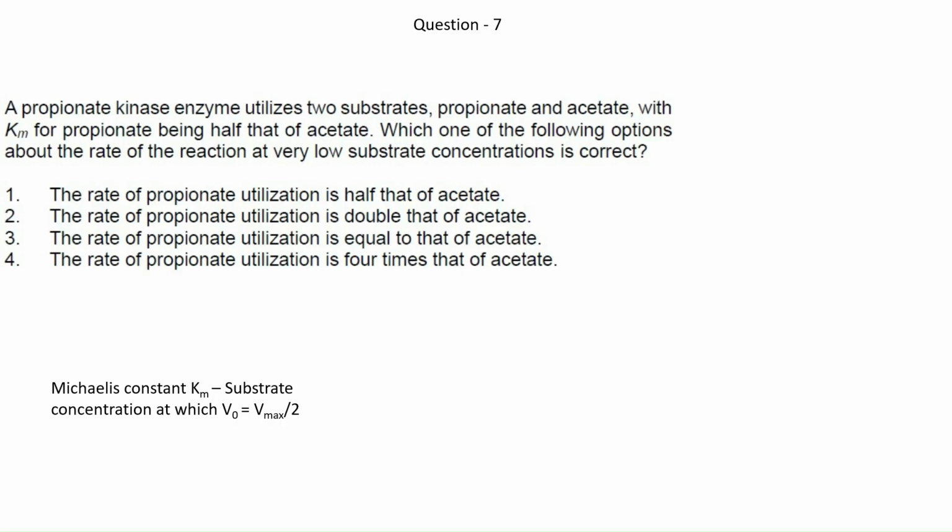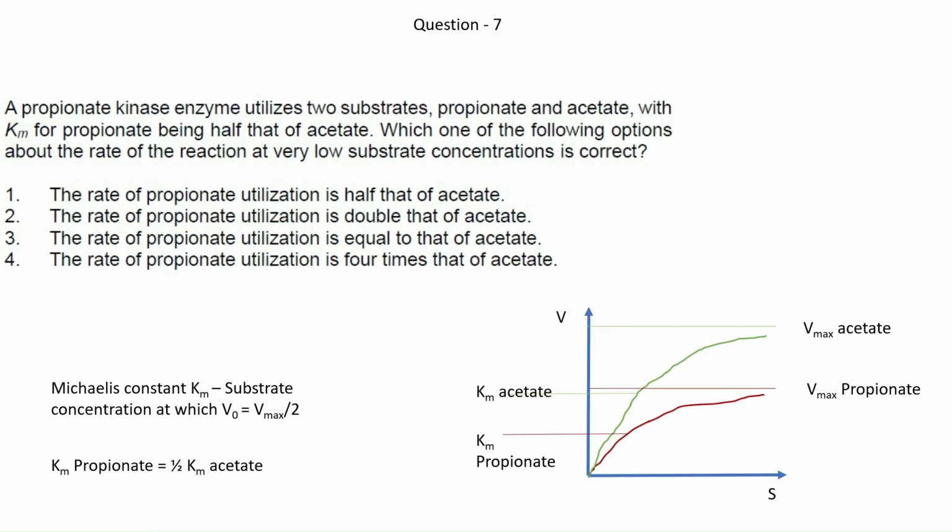Now, we know that Michaelis constant is the substrate concentration at which reaction velocity is half of the maximum reaction velocity. And Michaelis constant for propionate is half of the Michaelis constant for acetate. Now, if we look at this rough diagram, we can see that the enzyme will be saturated with propionate at much lesser concentration than it will be saturated with acetate.